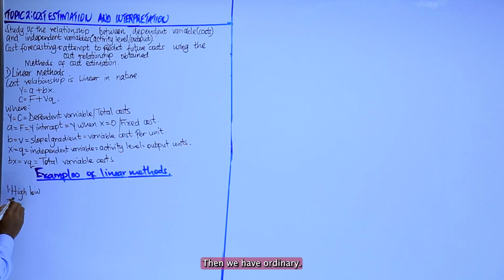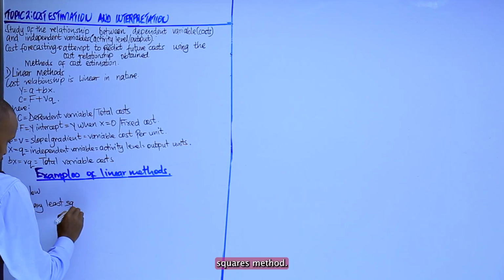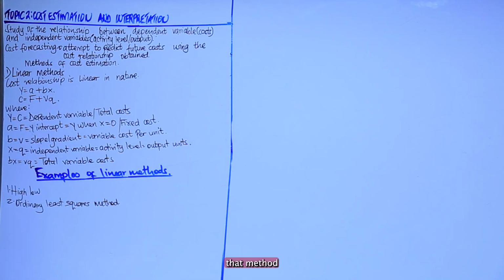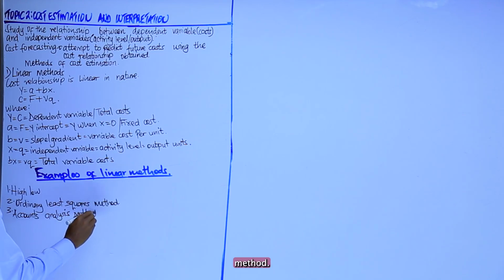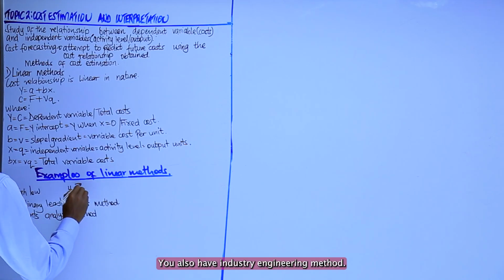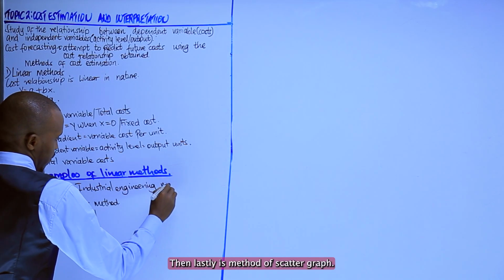Then we have the ordinary least squares method. The third method is the accounts analysis method. We also have the industrial engineering method. Then lastly is the method of scatter graph.